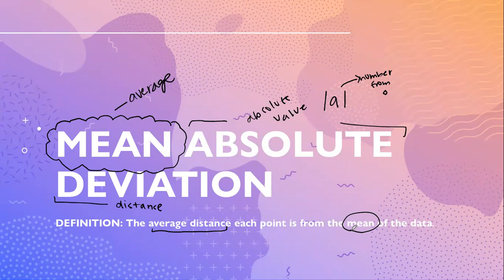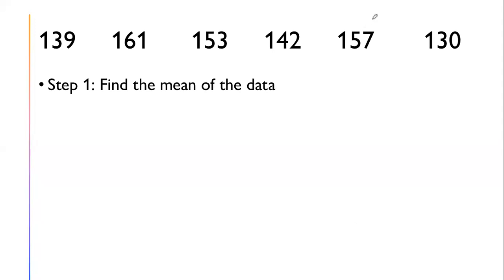I would be taking his weight and seeing how it compares to the average. And then, okay, Emily, how does your weight compare to the average? So I'm taking each person's weight and seeing how much it compares to the average. And then I'm taking the average of that number to see how far each person's weight is from the average weight of the class.